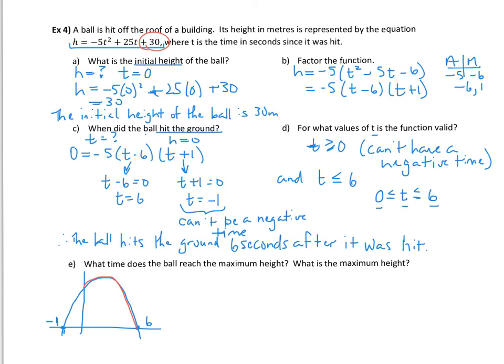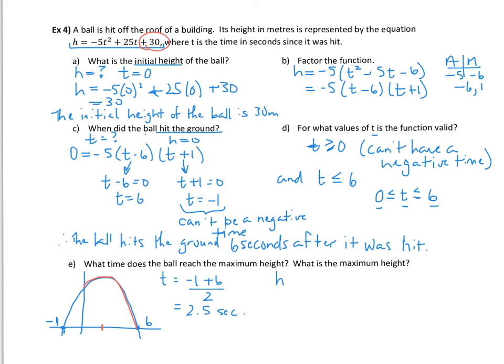But because of symmetry, we know that the vertex, the time that we're going to get the maximum height, is going to be in the midpoint or the halfway point between -1 and 6. So we're going to add those two times together, so -1 plus 6, and divide by 2 to get the midpoint. So that's going to be 5/2 or 2.5 seconds. So at 2.5 seconds, it's going to reach the maximum height.